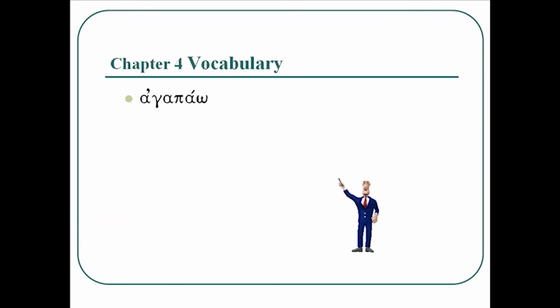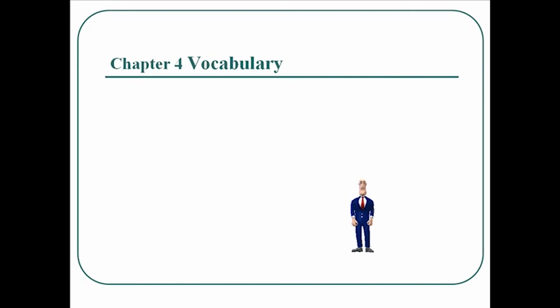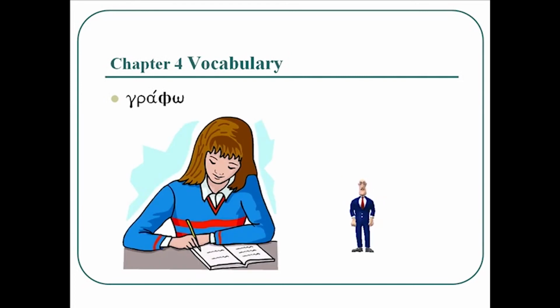Now for the vocabulary of Chapter 4. The first word is agapaO, and it means I love. The second word is graphO, and it means I write.